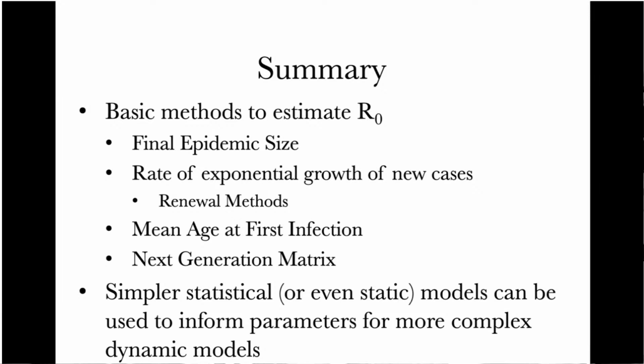That's why, if you've got a new disease, like SARS, in the early stages, there's this panic about what is the R naught? Is it got potential to spread, or is it going to just die out? And some diseases can look like they have R naught greater than 1 when they don't.